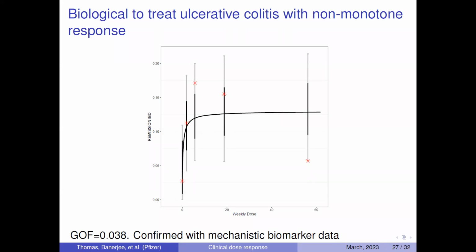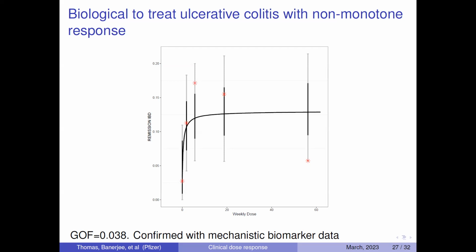But what they had also found was that there was a pro-inflammatory biomarker that it was also influencing. It was also increasing that, which was really concerning. That's exactly what you don't want to do. Now that biomarker also had a nice Emax shape. It had a higher ED50. So the concern was that at low doses, the drug may work well, but at high doses, it might actually become harmful. So now you can see the results of the trial.